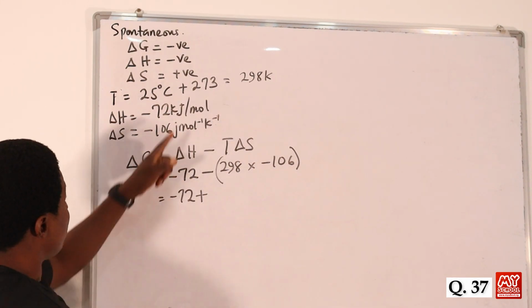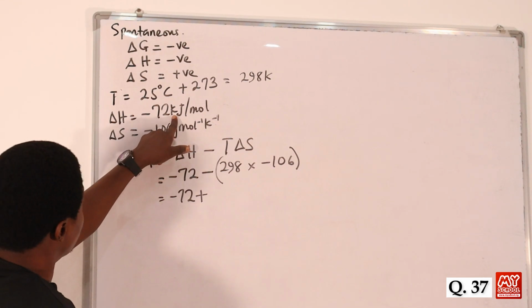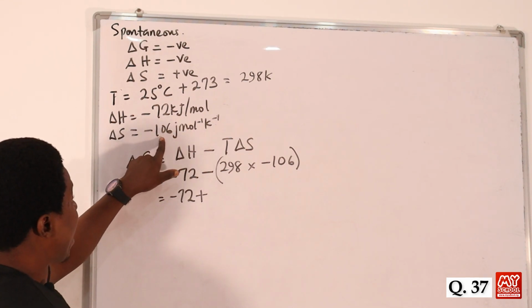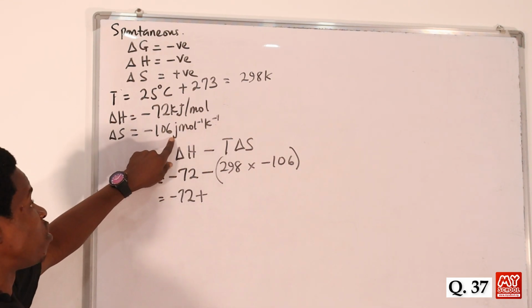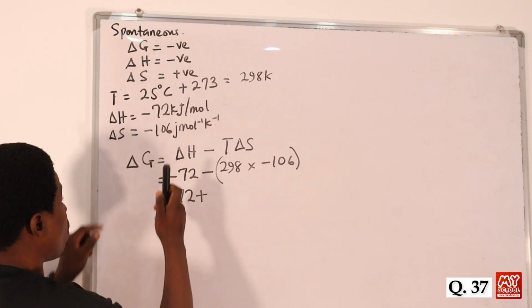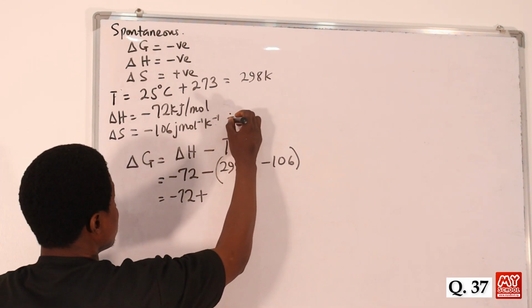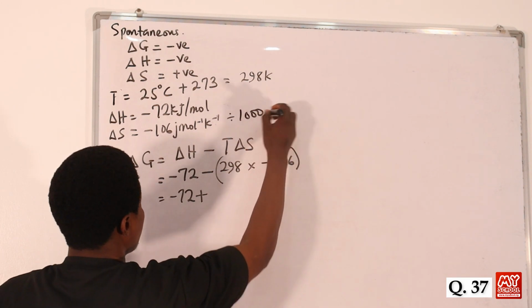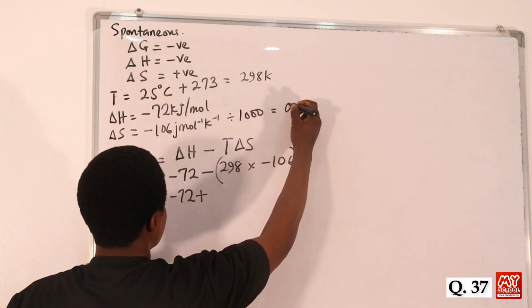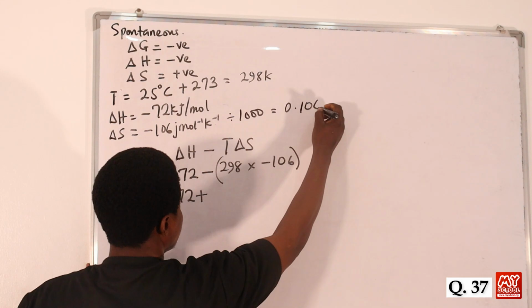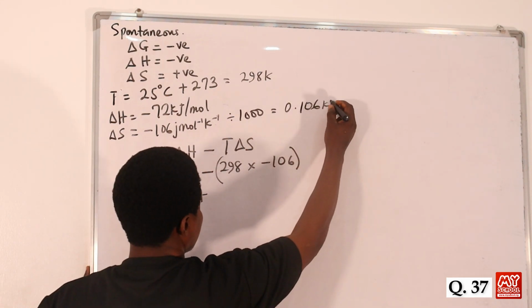Now you have to be careful here. Delta H is given in kilojoules per mole, and delta S is in joules, so you have to convert this also to kilojoules per mole. All you need to do is divide by 1000. If you divide this by 1000, we have 0.106 kilojoules per mole.